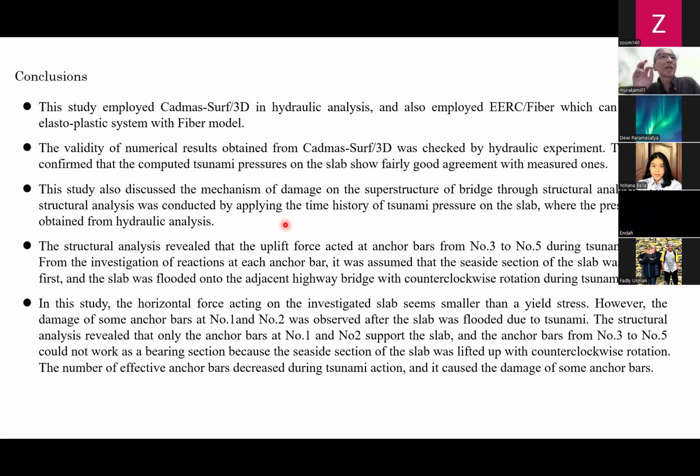These are very advantageous techniques to investigate why the structural damage has occurred under the tsunami action. That's all for today. These are today's materials, and I want to close my class. Thank you very much.